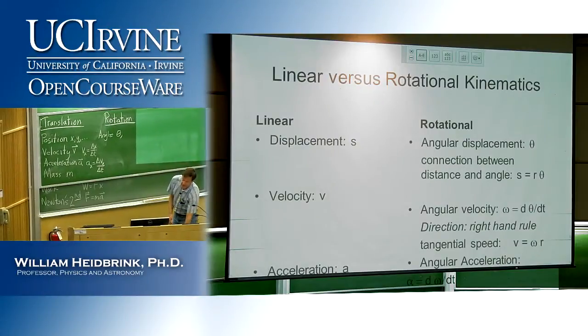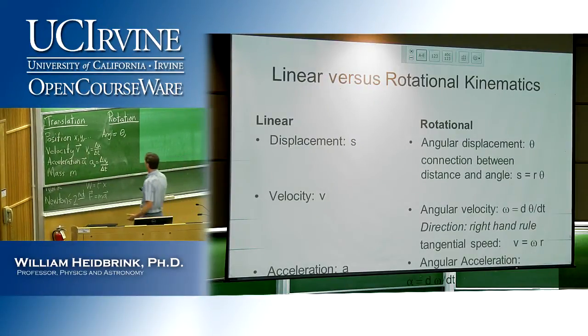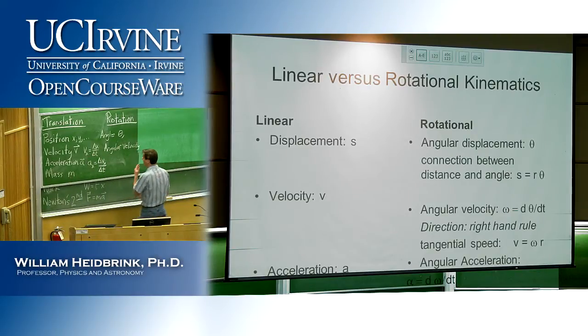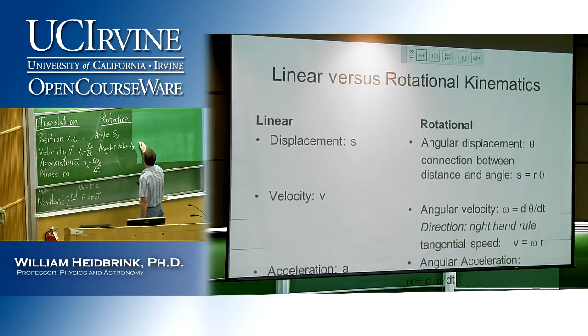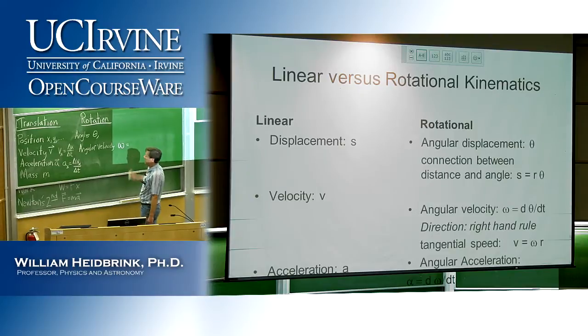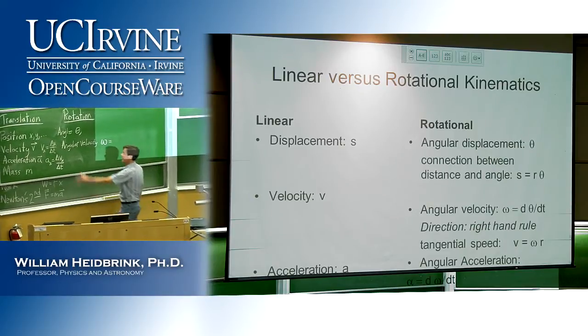Okay, now velocity. For velocity, we have the angular velocity. It's also a vector quantity because it can go in any of the three directions. For today's lecture, we'll focus on just one. It has its own symbol. Its symbol is the small lowercase Greek letter omega. And it is equal to, now it's analogous to this.